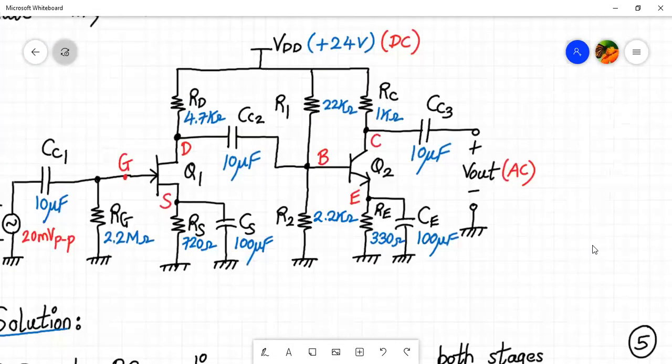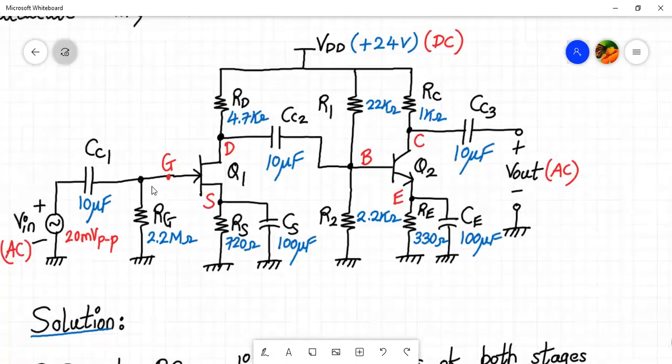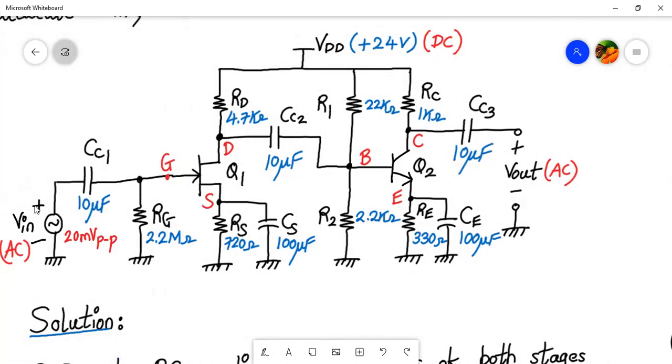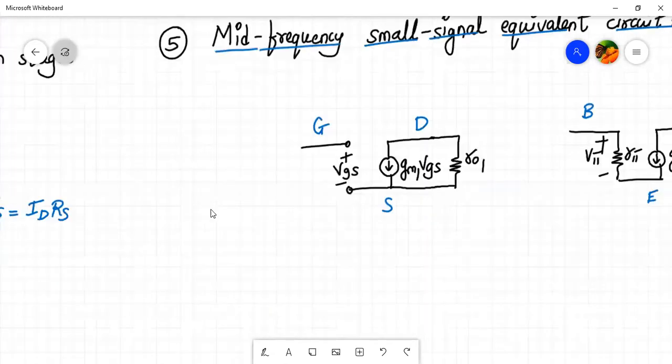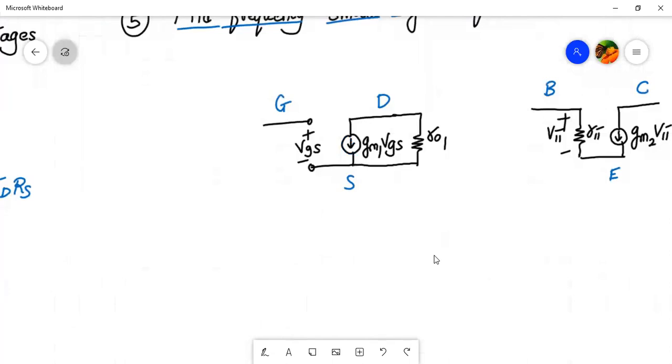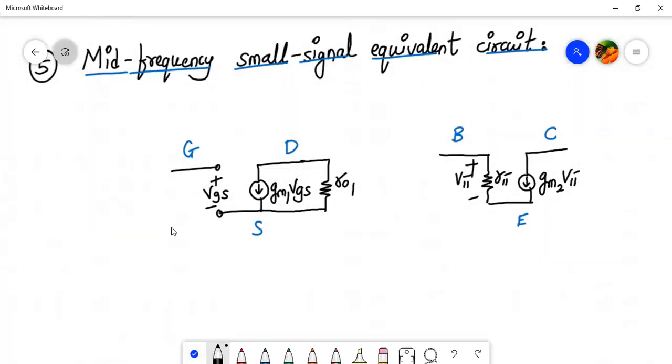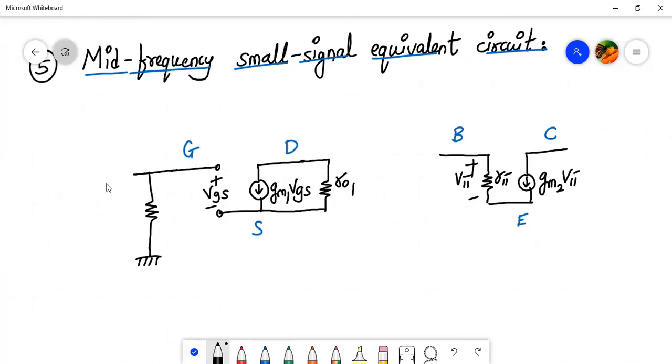From the gate, we will have a resistor RG going to the ground, and in parallel the voltage source V in, because for the mid frequency, all the connected capacitors act as a short circuit. So let me draw RG going to the ground, and in parallel V in, plus minus.